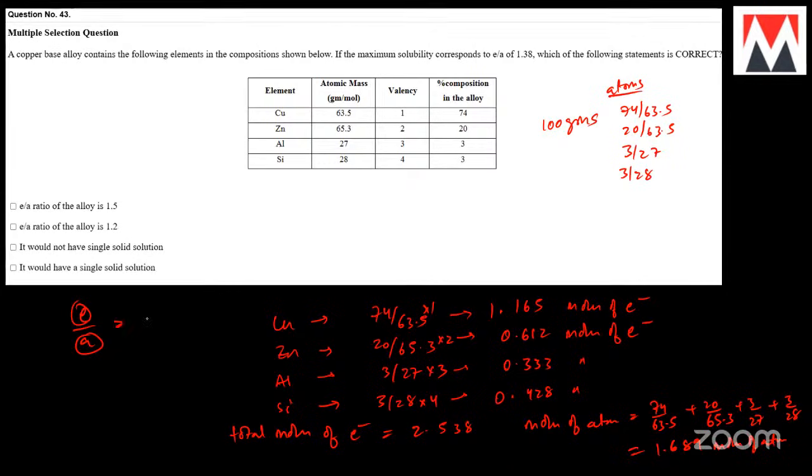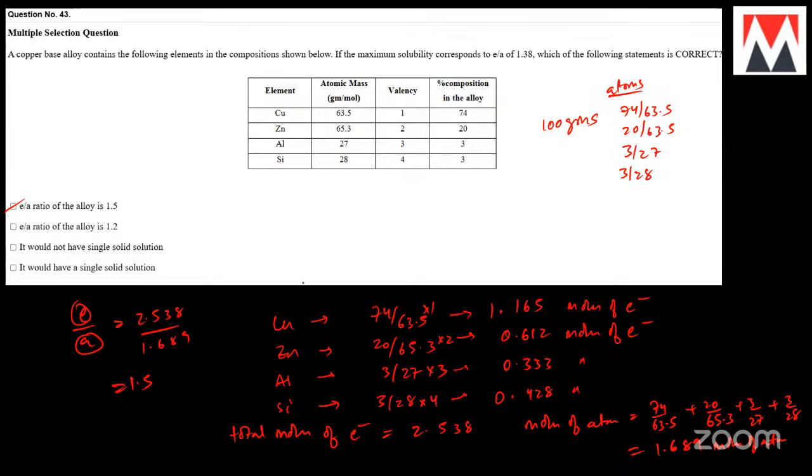So what is E by A value here? E by A is 2.538 by 1.689. So you get nearly 1.5. You get answer as 1.5. Whenever you have this, maximum solubility corresponds to 1.38. But what is the actual solubility? So I got 1.5 as the answer.